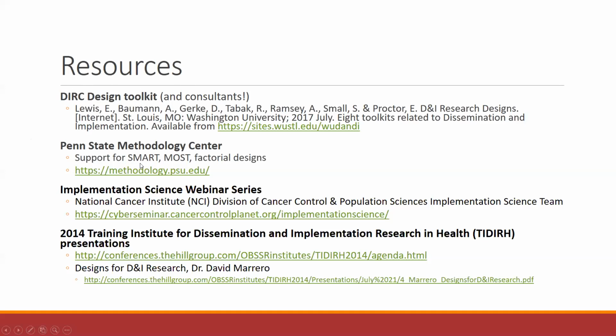So the Penn State group has a lot of support for SMART and another related set of things called MOST that is out of the scope for today, and the Factorial designs. They're not specifically focused on implementation science versions of these, but all the same considerations apply.